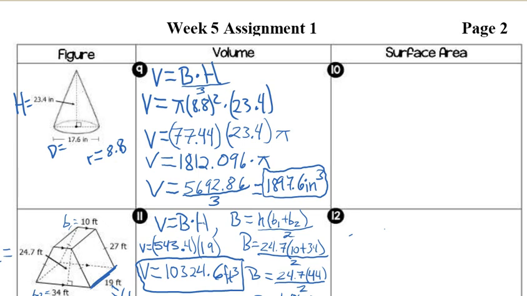My height here is given to me, 23.4 inches. Multiply those two, you get 1812.096. Multiply that by pi, and then we divide by 3 and get our final answer as 1897.6 inches cubed. That is how you do volume of a cone.